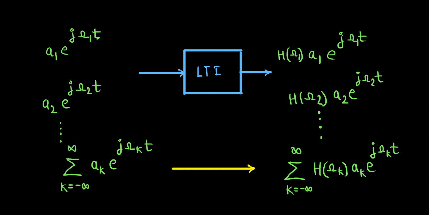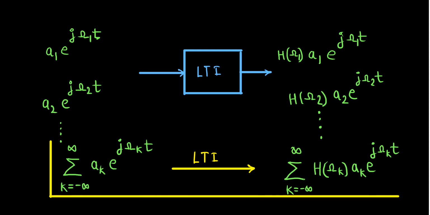So we have written a general equation of what would be the resultant output if we give multiple such complex exponentials as input. So this would be true only if the system is linear as well as time invariant. Let me emphasize this equation that we have obtained, and we are going to see more into this in the next module.